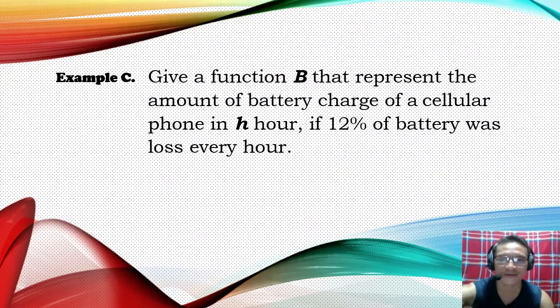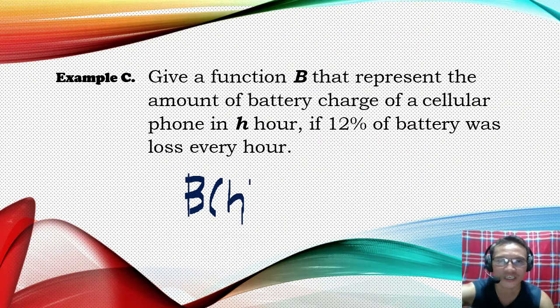Okay, let us represent b as the function of the amount of battery charge of a cellular phone. So we have b of h. So b is a function that represents the amount of battery charge.